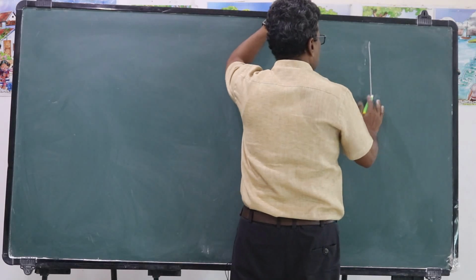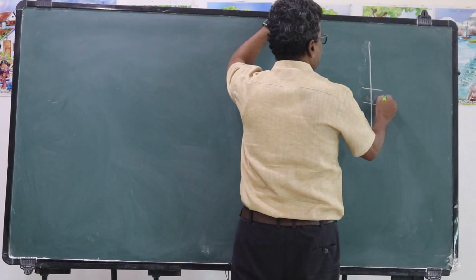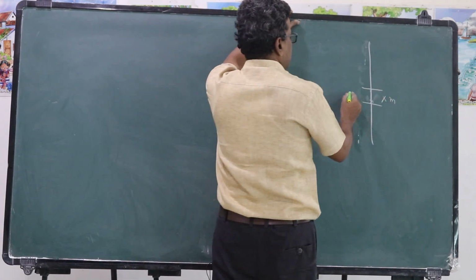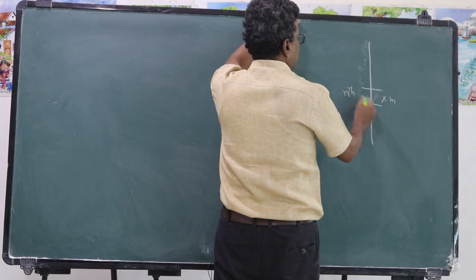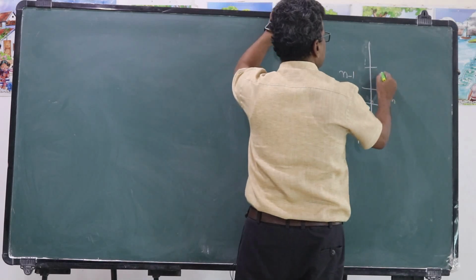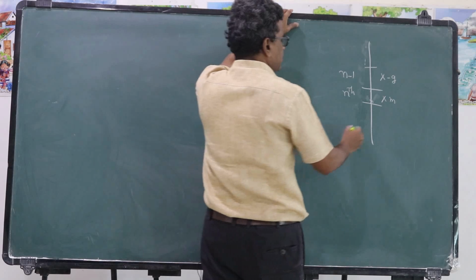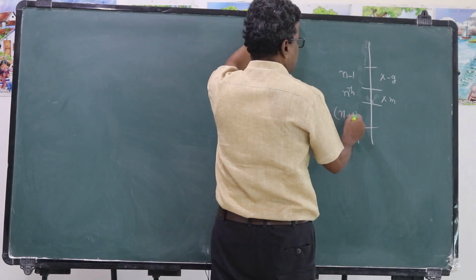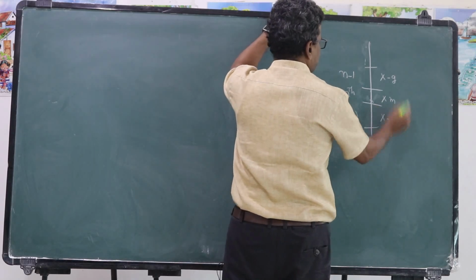Suppose it travels a distance x meters in the nth second. One second before that, it travels a distance x minus g units. In the n plus 1th second, it travels x plus g.